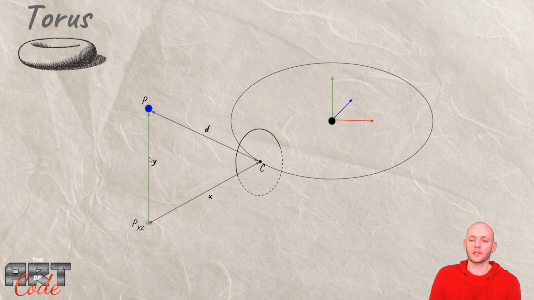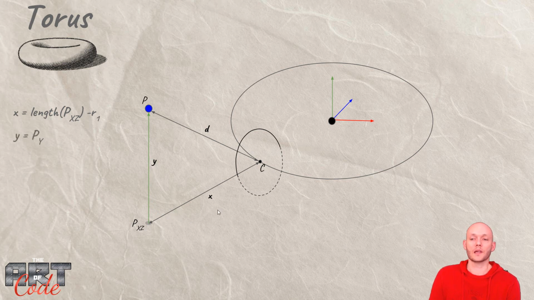Well, this shadow that it's casting over here is the xz, or I call it point pxz. So the total distance from pxz to the origin is just the length of pxz, and then we subtract the radius of the first big circle from that to get our x. So that's our x, and then our y is very simple because it's just p dot y.